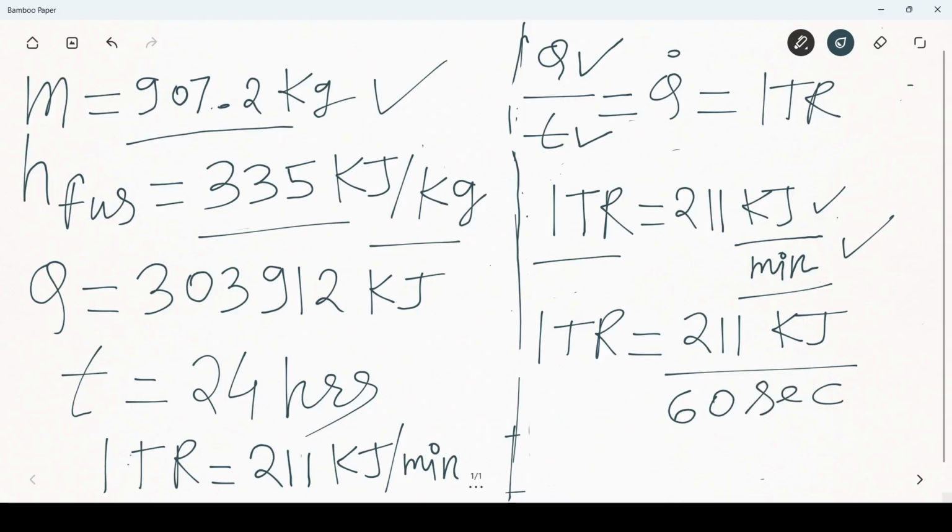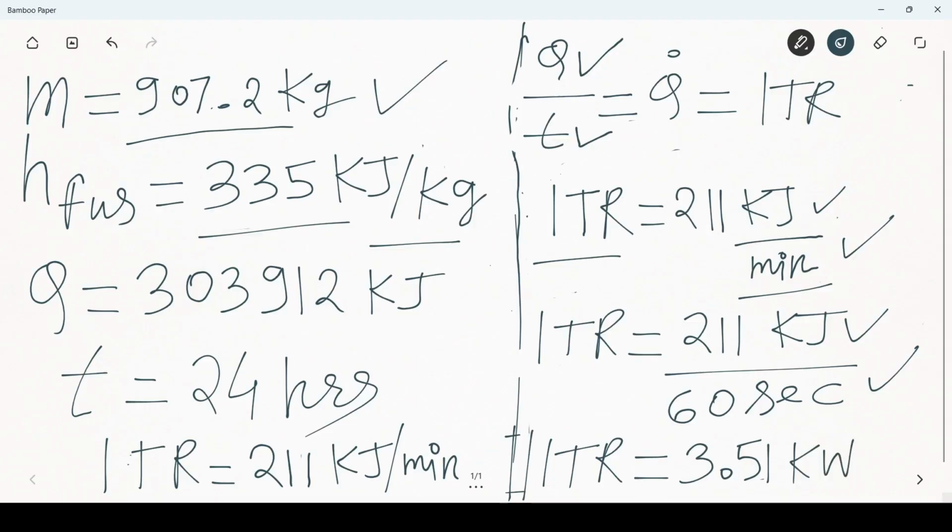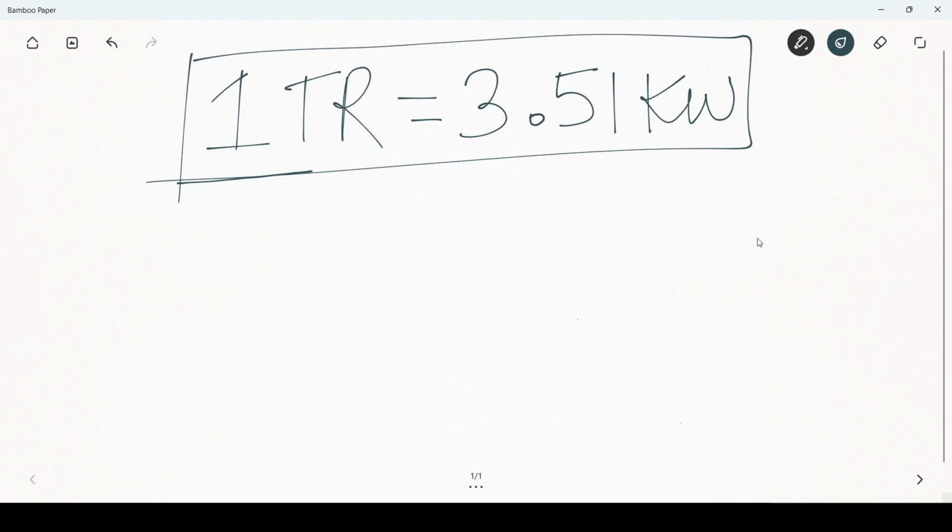If we solve this, we will get 1 TR equal to 3.51 kilojoule per second, which is kilowatt. So 1 TR is equivalent to 3.51 kilowatt. So 1 ton of refrigeration is equal to 3.51 kilowatt.